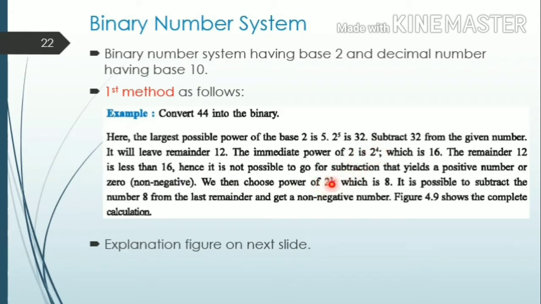That is 8. Now 12 minus 8 is possible, so we get 4 as the remainder, a non-negative number. The complete calculation, Figure 4.9, we will see on the next slide.